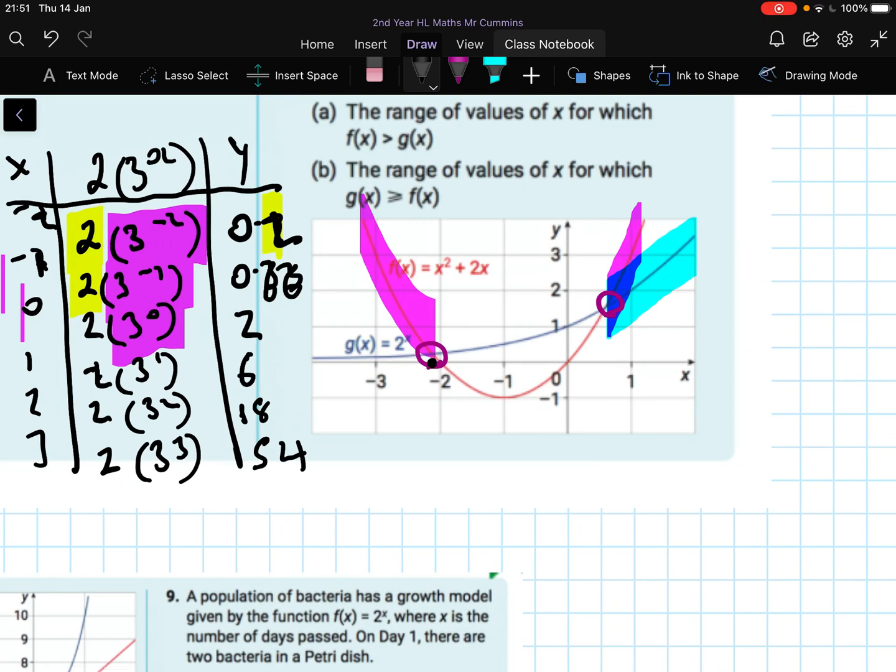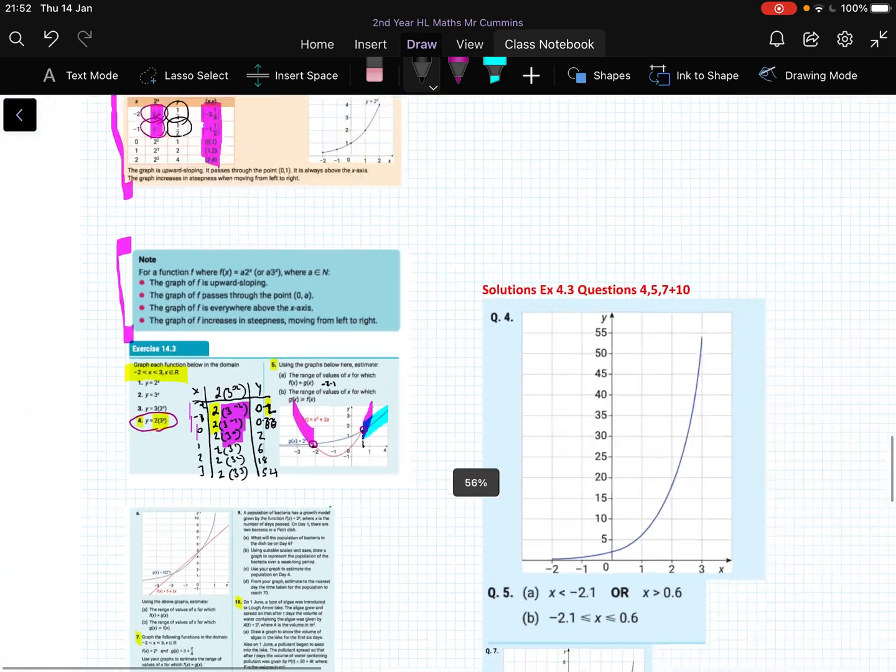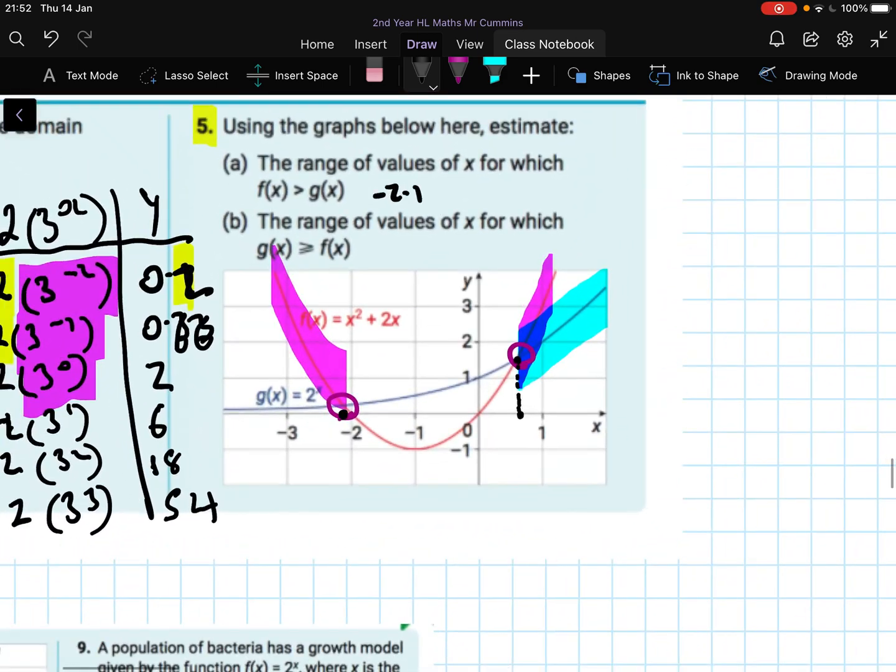So this one here is going to be -2.1. And over here as well, if I look at it, it's this point here. So if I go down to the x-axis, it looks like 0.6 or 0.7; on the solution, they say 0.6. So -2.1 or 0.6. There's my two solutions.